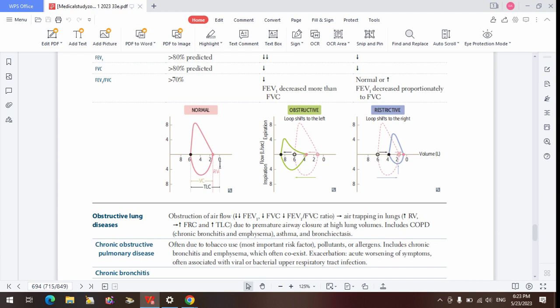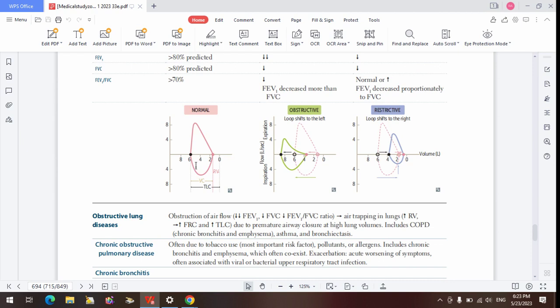This is around 1.2. Now, the next thing for the person to do is to inspire. For you to get to total lung capacity, you have to inspire maximally. That's the only thing you can do. So you take it from this 1.2 to 6.